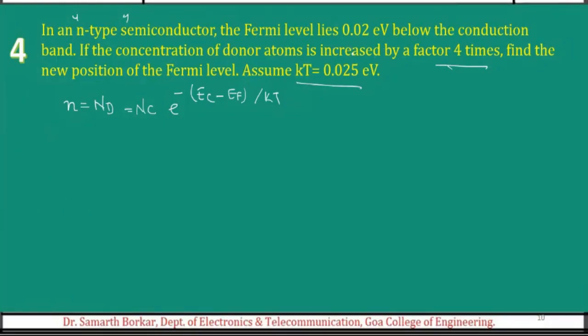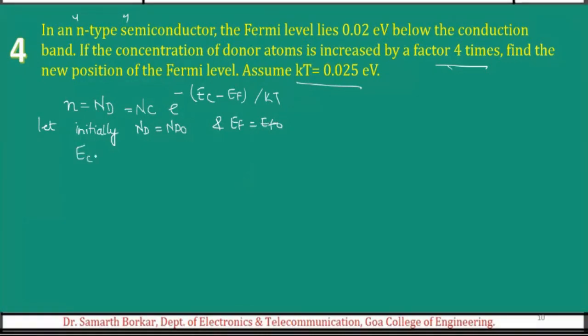The normal condition, and then it is increased by a factor of 4. Let initially, just to differentiate, the ND be written as NDO and Ef as EFO. Okay, initial condition.